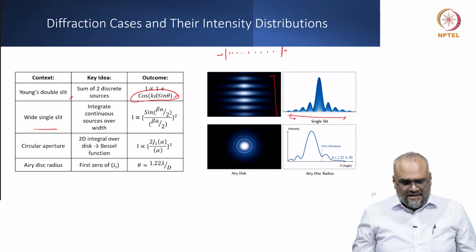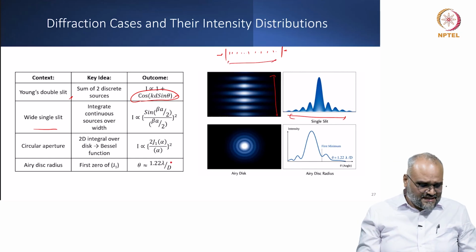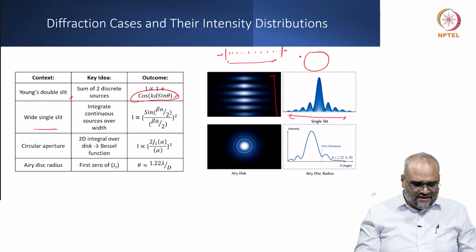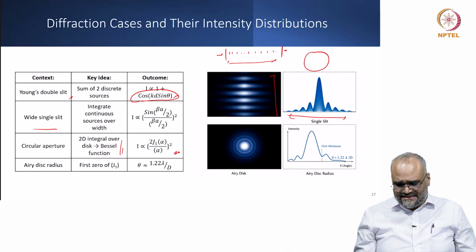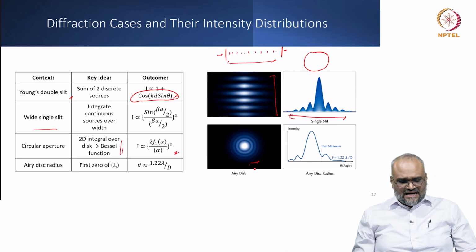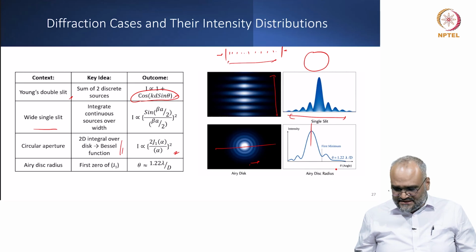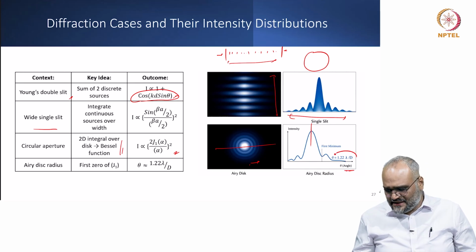If I look at how light propagates through a circular aperture, the wide slit approximation, if applied to a circular slit which is wide enough, you do a two-dimensional integration and you get something called the Bessel function, and it appears like this. This is called an Airy disk, and if I take a cross section of this, your intensity distribution is a function of the angle of scatter like this, and the first minima is given by this value.